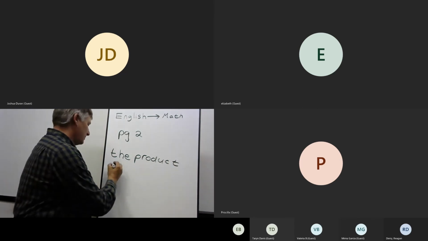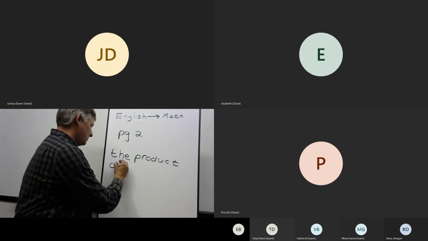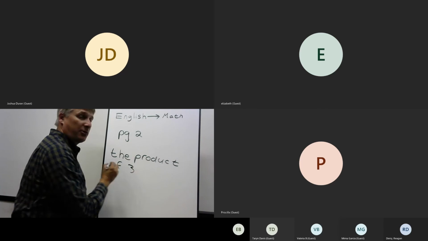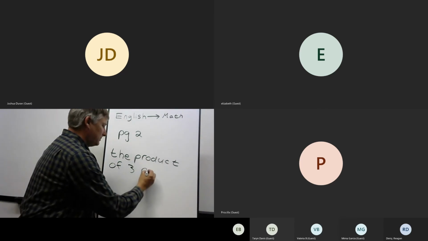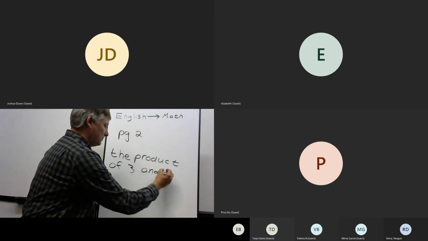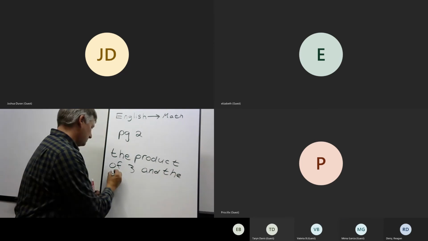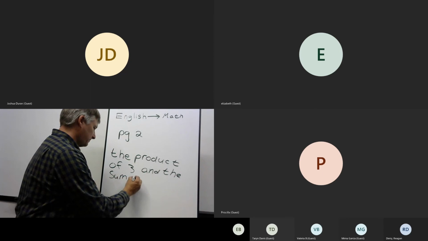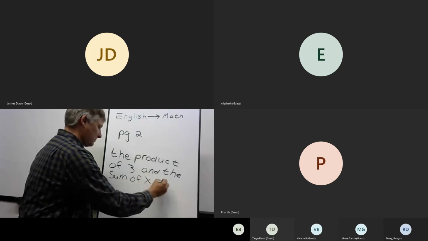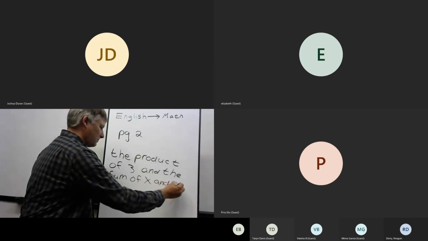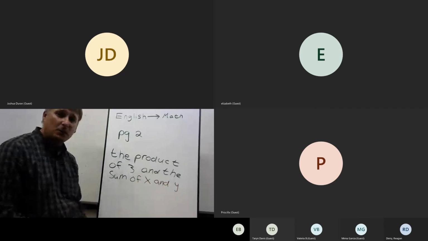The product of 3 and the sum of x and y.